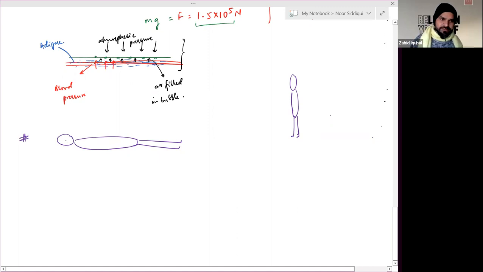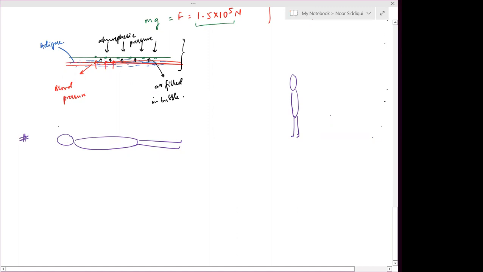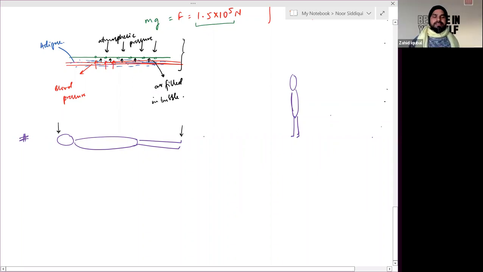Let me define you. In first part, at this point, since they are at same horizontal level, in last class I defined you, at same horizontal level, pressure will be equal at any instant. So this is at head, pressure at head, and this is at toe.